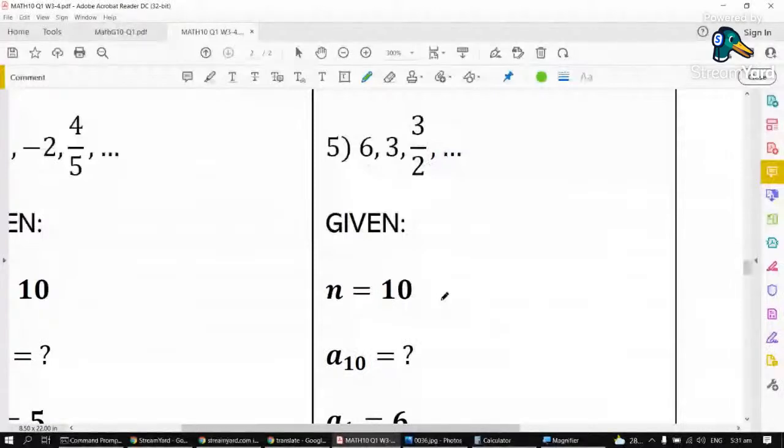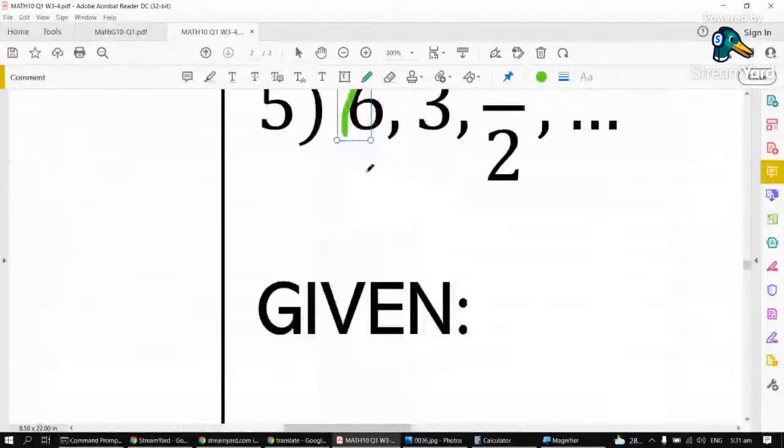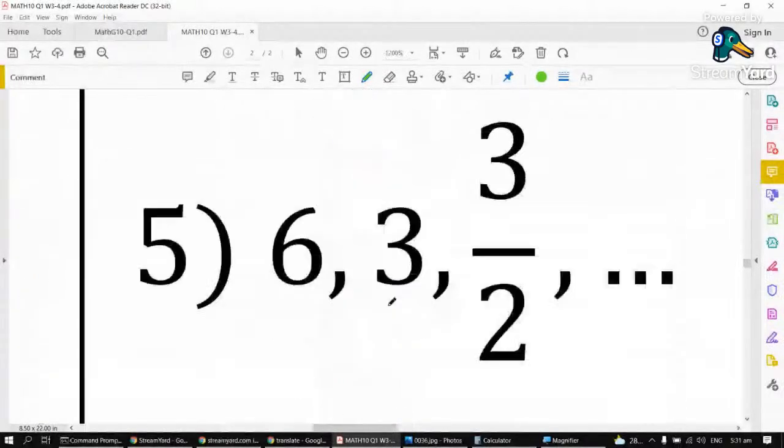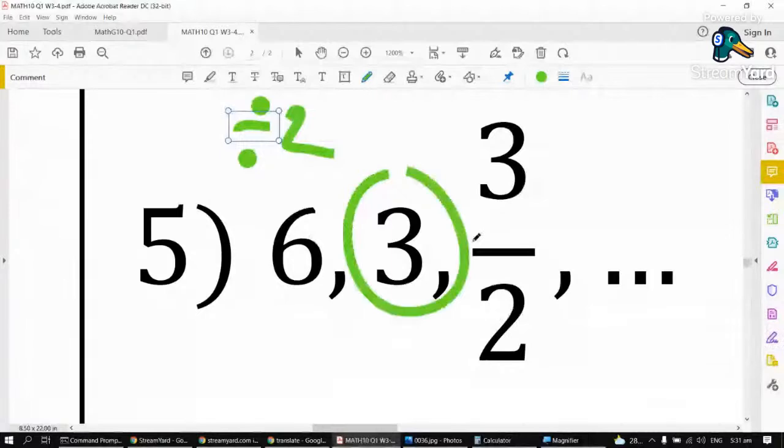Bakit 3 over 2? Kasi yung 6 ay dinivide ng 2 para makuha yung 3.